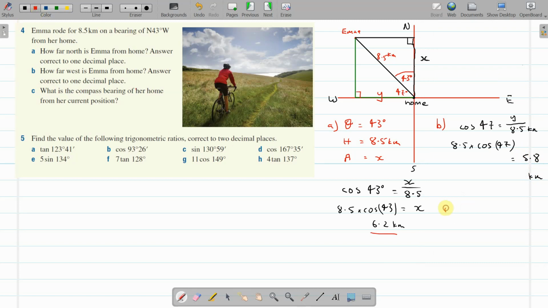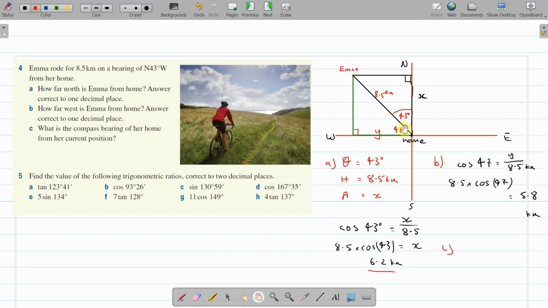Part C, what are we doing? Compass bearing of her home from her current position. Okay. Compass bearing of her home, so we're going back this way.